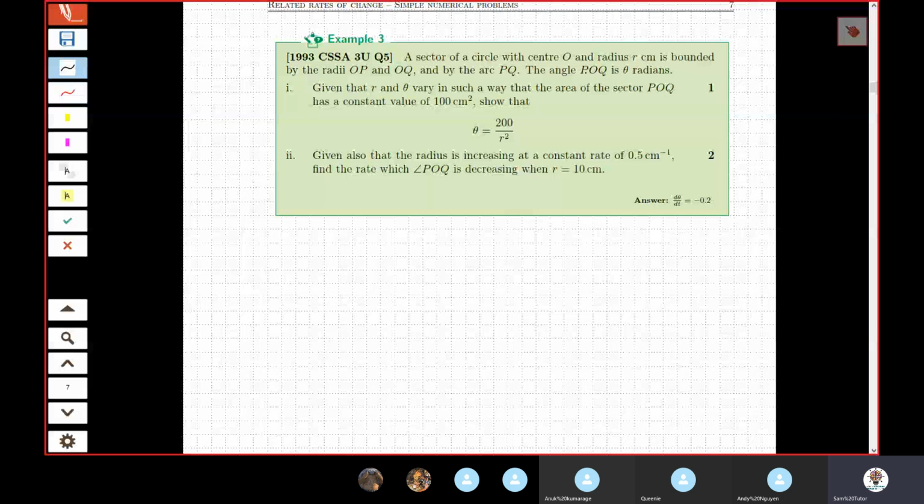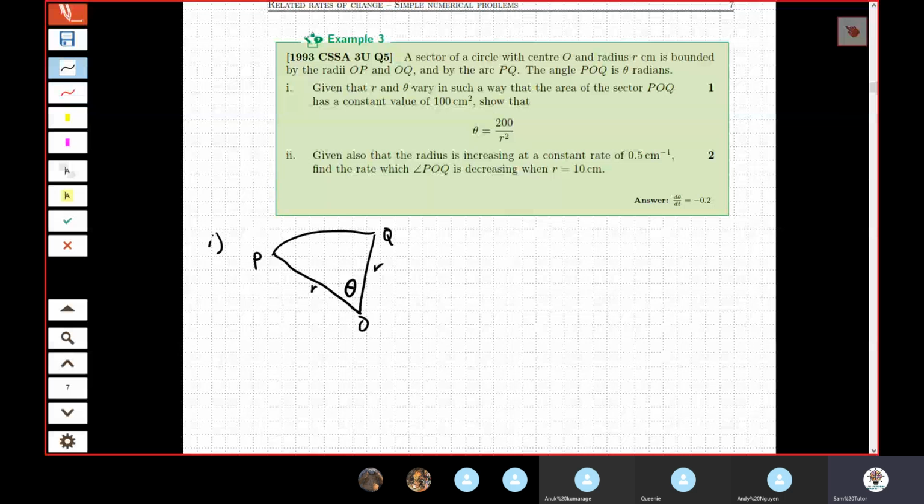The angle POQ is theta radians. You know, it's always good to draw these out. So there's O, there's P, there's Q. OP is radius, OQ is radius, your arc is PQ. Yes, the angle POQ is theta, which is what you would have assumed. The radius is R. And that's all that's saying.